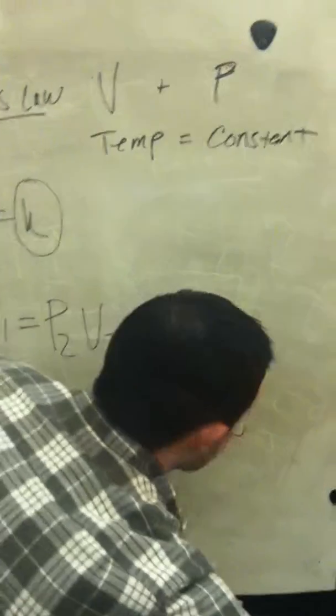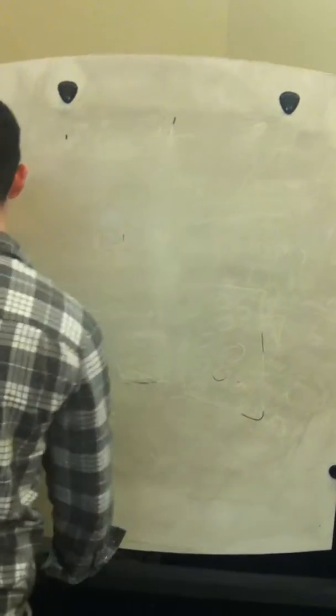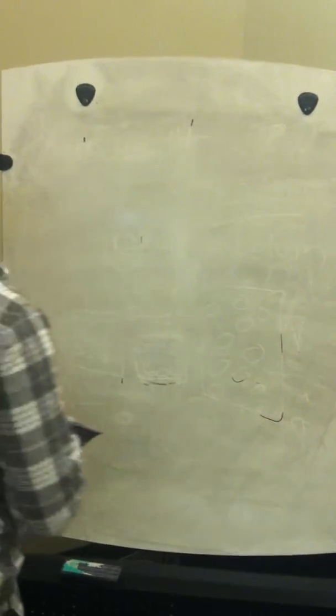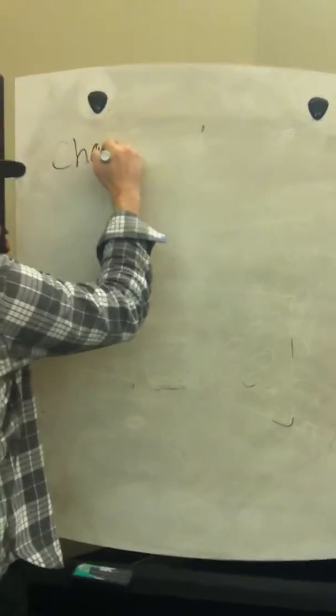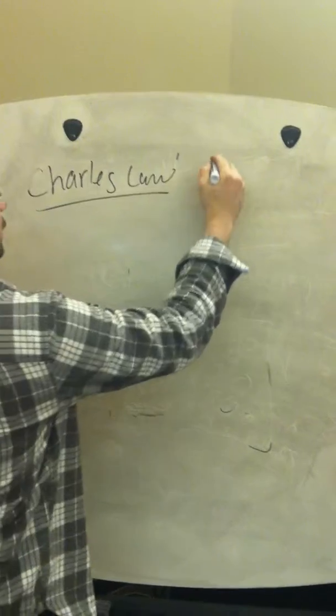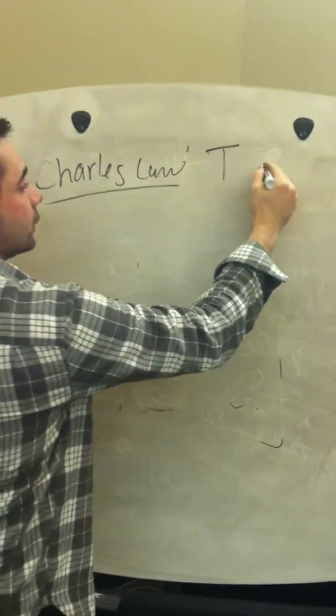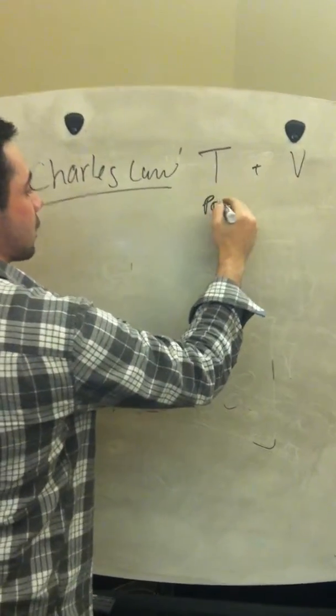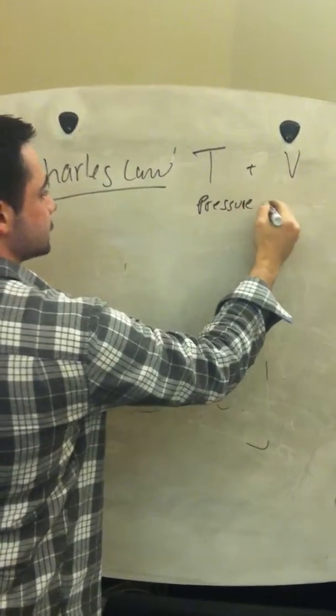Now, let's talk about Charles' Law. Charles' Law deals with temperature and volume when pressure is constant.